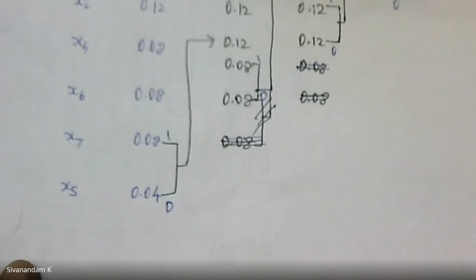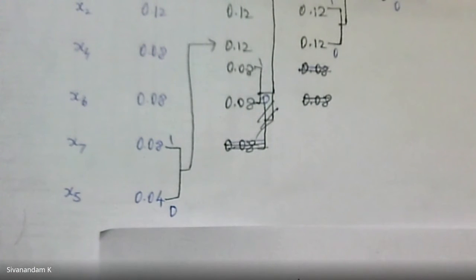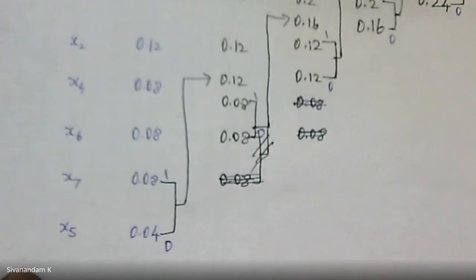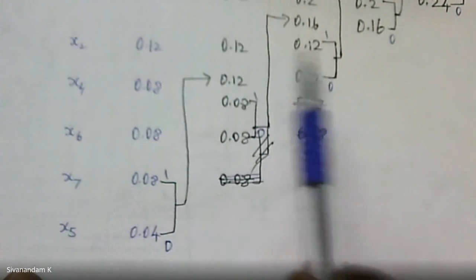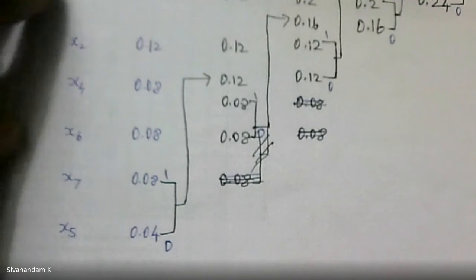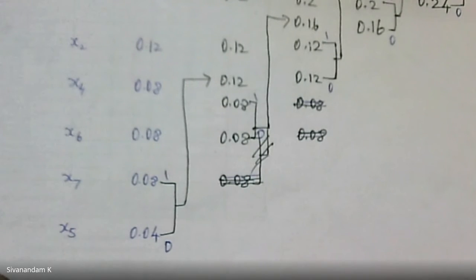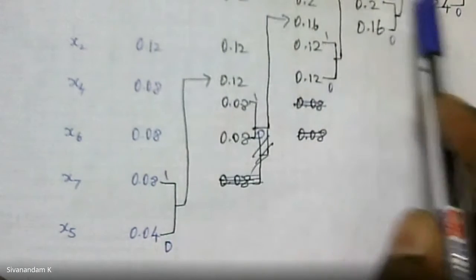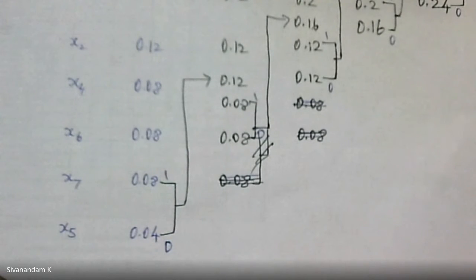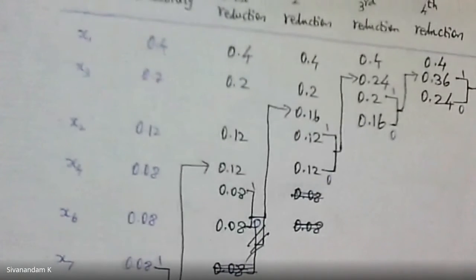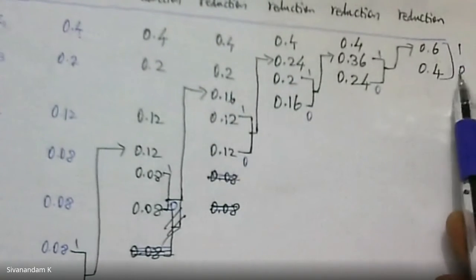So next we go for coding for each and every message. Now look at this table. 0.4. Only at the final reduction do we assign the binary value.